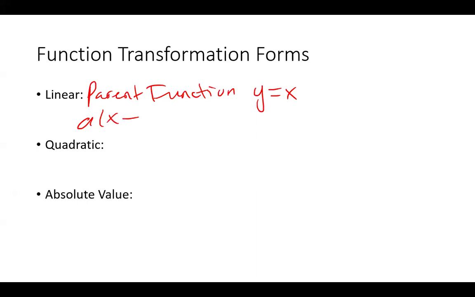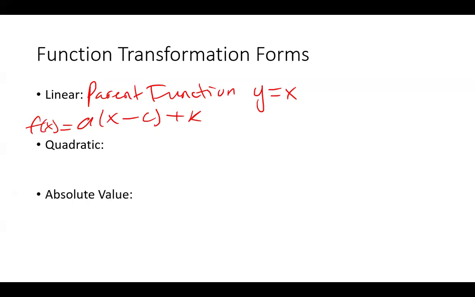Do you know what that formula is called?